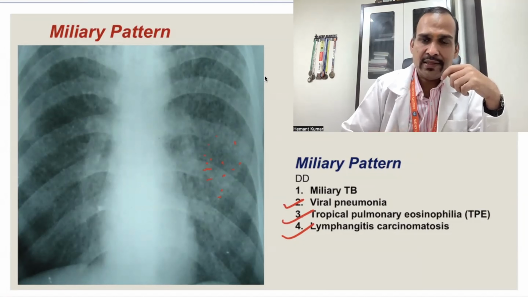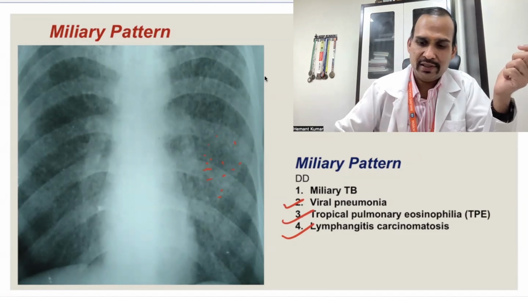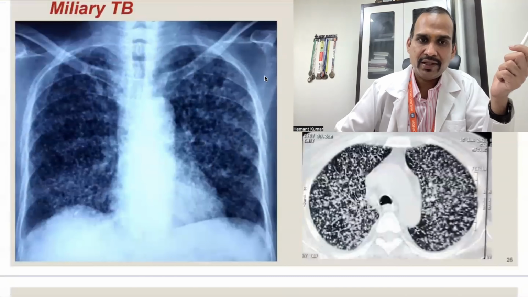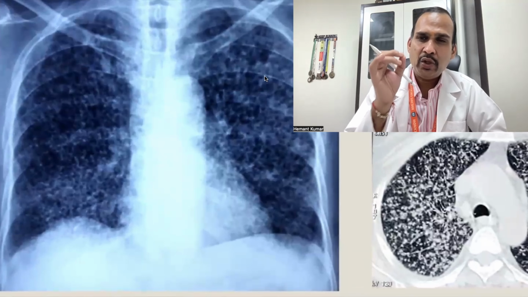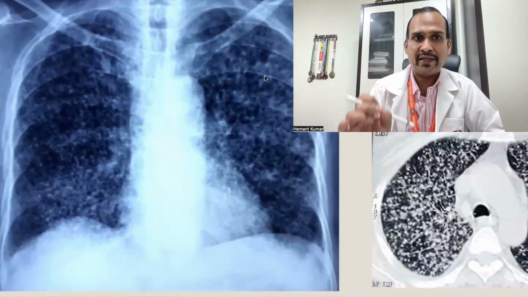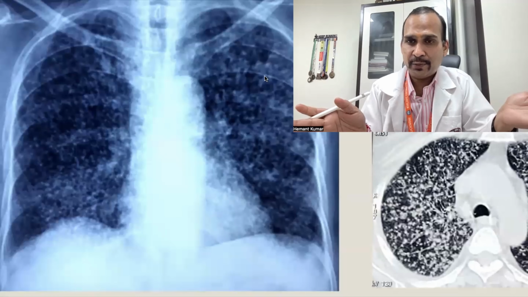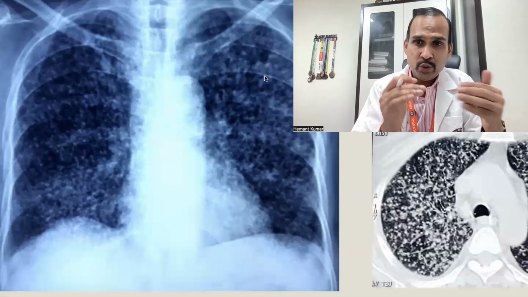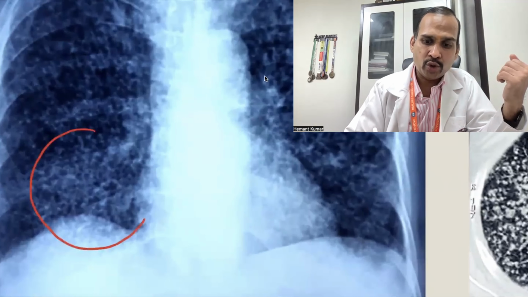Okay, so this is a miliary pattern like bajra, very small nodules. This is a very important X-ray. You can find a lot of nodules bilaterally diffusely spread. But if you see carefully, you can appreciate more nodules in the lower lobe.